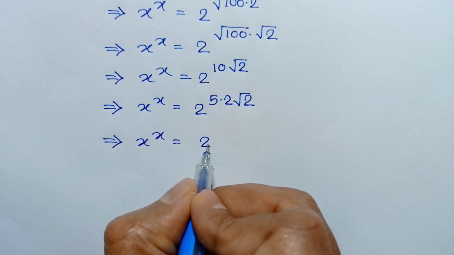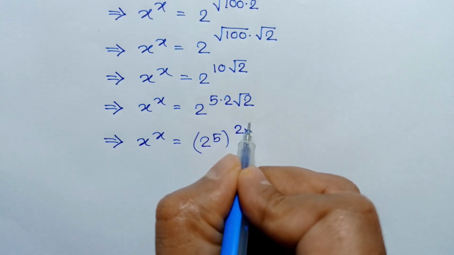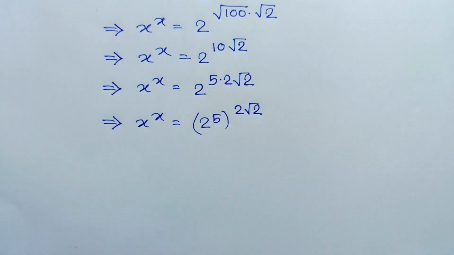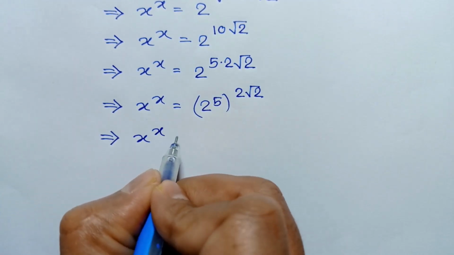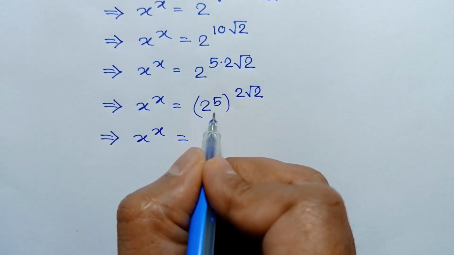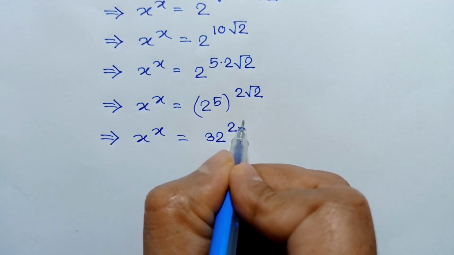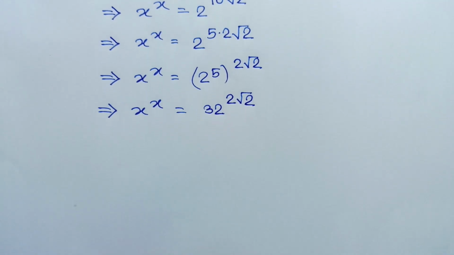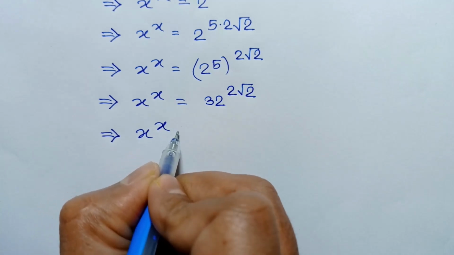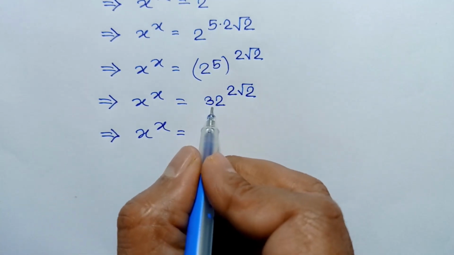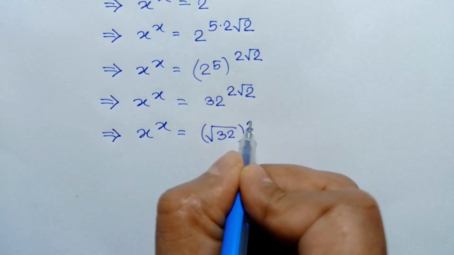This can be written as 2 to the power 5 and whole to the power 2 square root of 2, or x to the power x is equal to 2 to the power 5 is 32, and this 2 square root of 2, or x to the power x is equal to 32 can be written as square root of 32 and whole square.